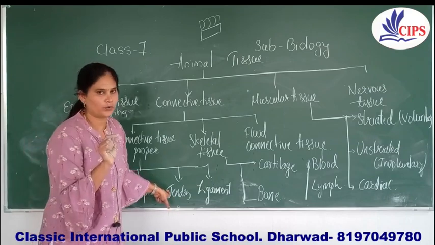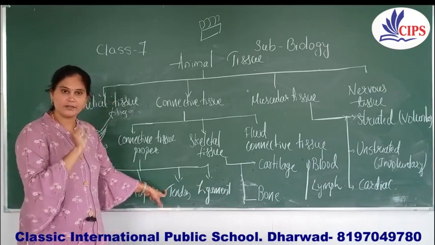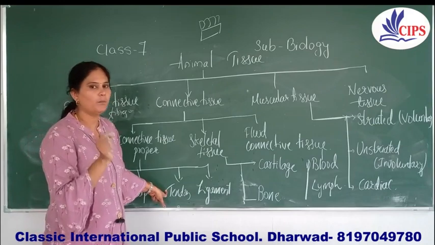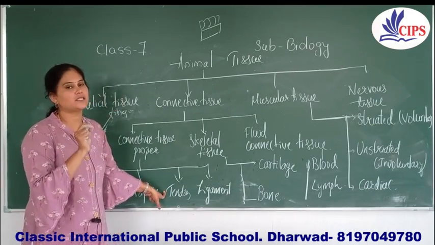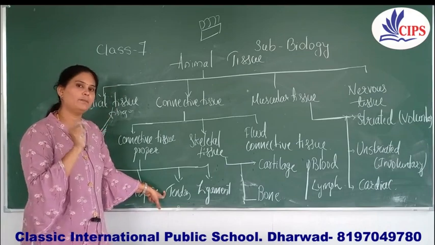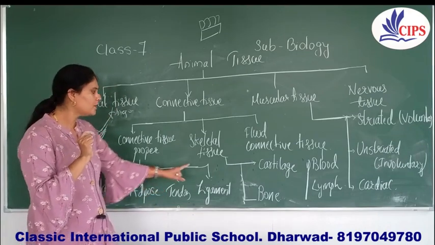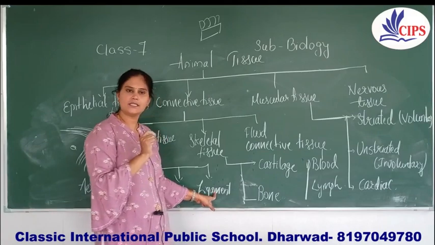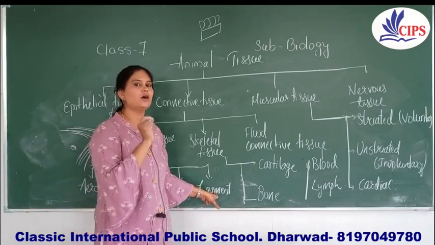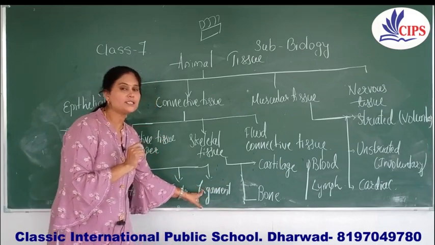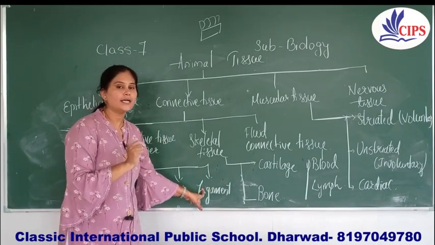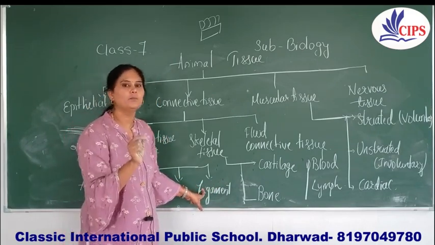the bone. What? They connect the muscle to the bones. And these tendons mainly consist of white fibrous tissue. Ligaments: these are also a fibrous connective tissue, but ligaments connect bone to bone.